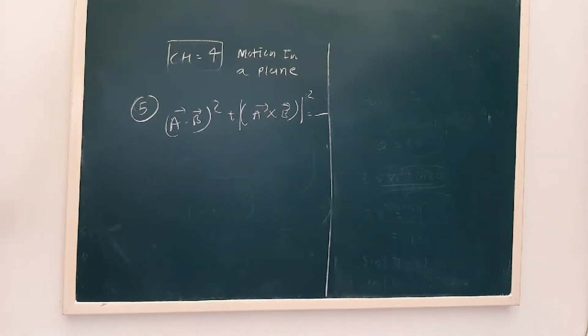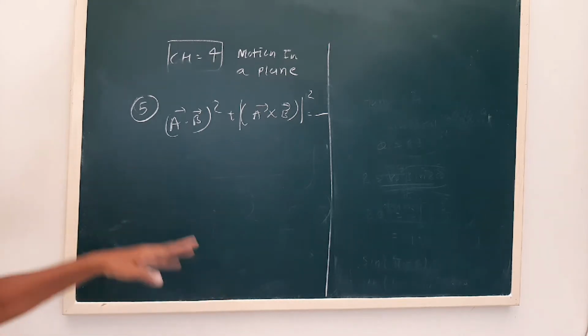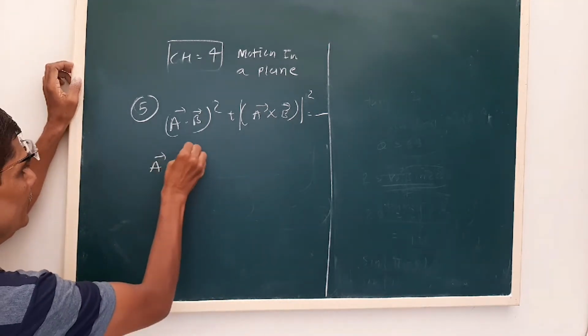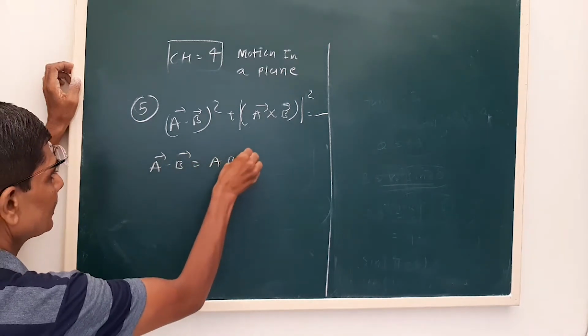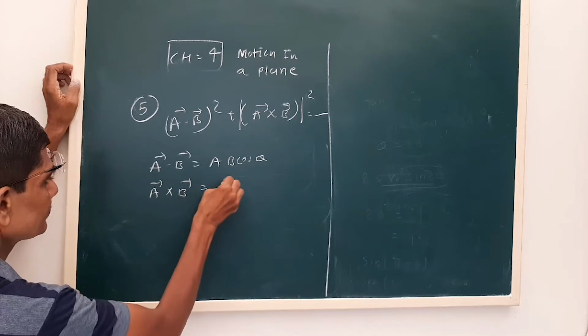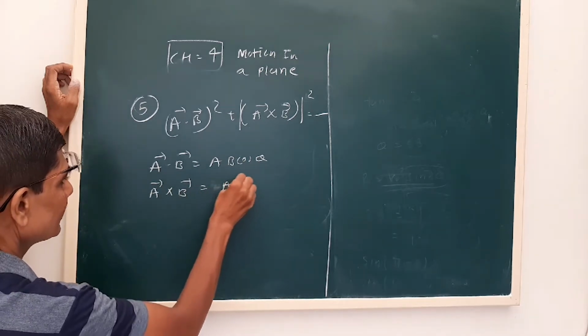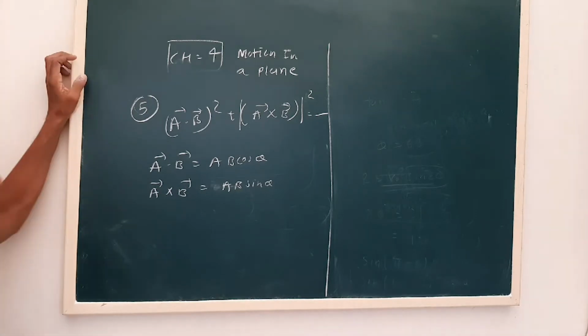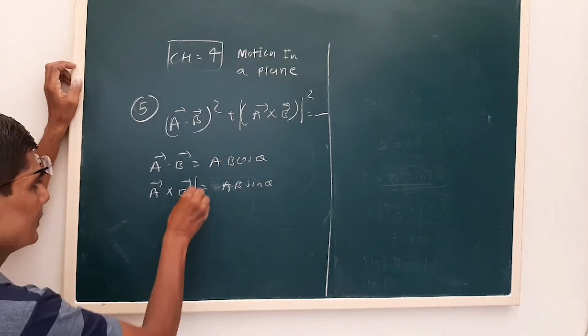Now see the formula for the scalar product. A dot B is AB cos theta and A cross B is AB sin theta. It is in the form of magnitude only.